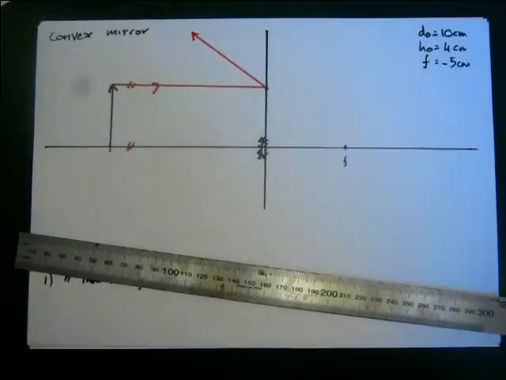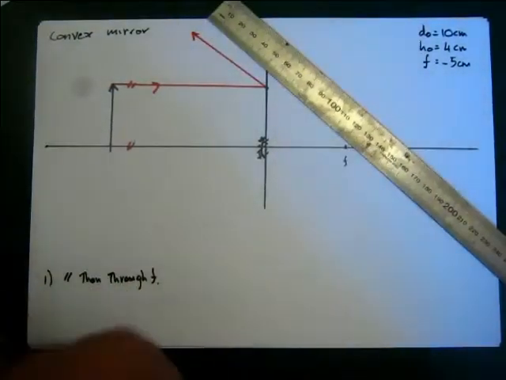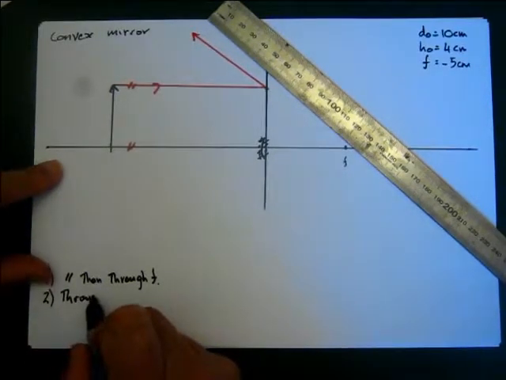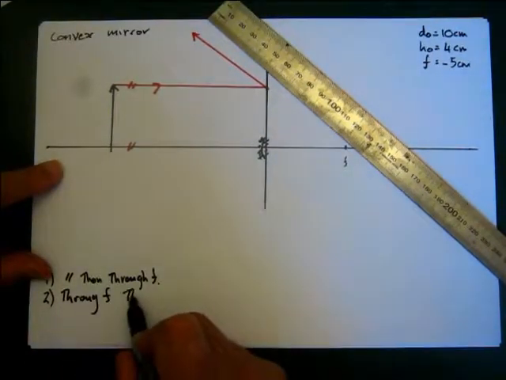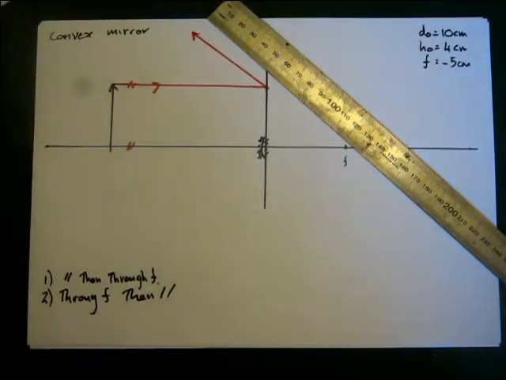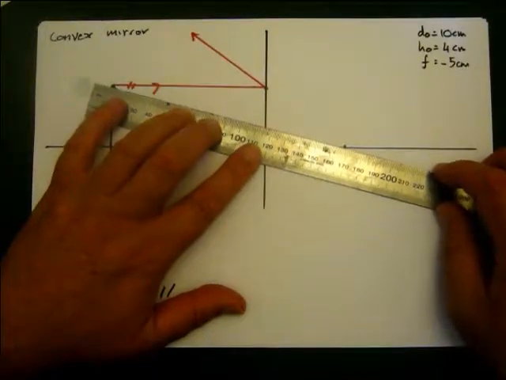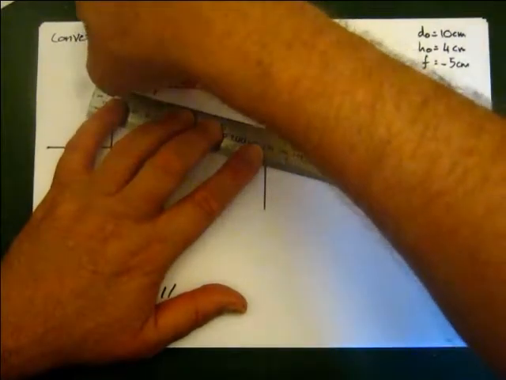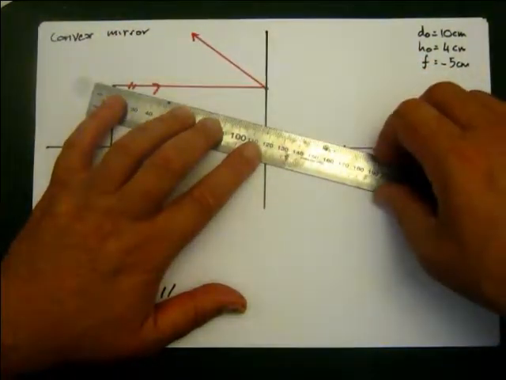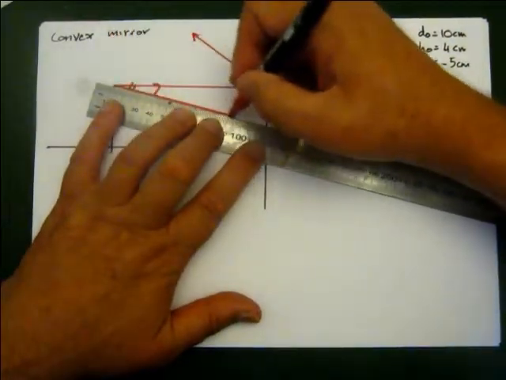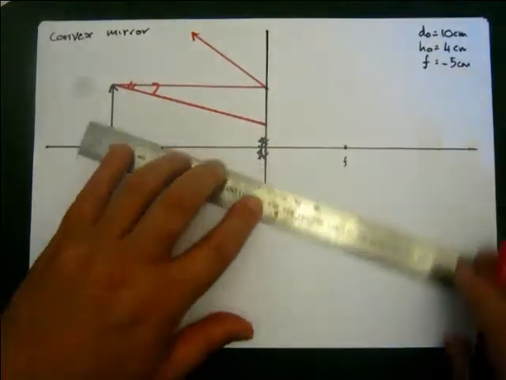And then we do the second line through F, then parallel. So for the second line, we put the ruler on the tip of the arrow and F, and I'll draw it down until it hits the mirror.